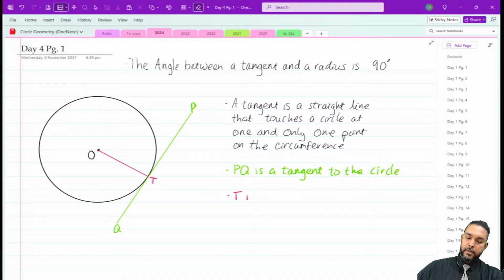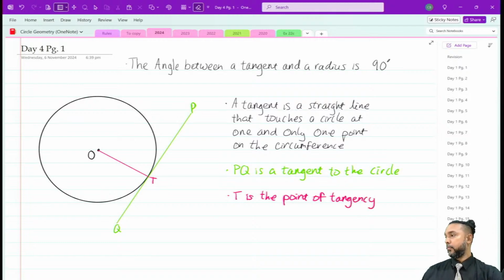T is what we call the point of tangency. OT is a radius.